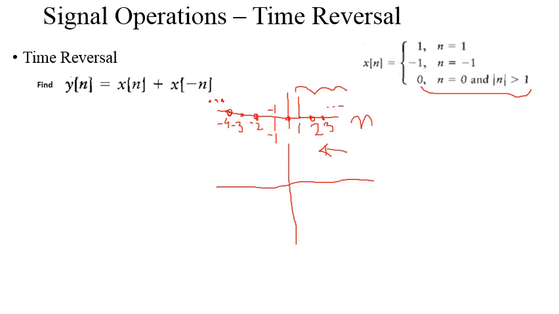So at 0 it has a value of 0. At 1, the replica will be made here, and that is the location -1. So at -1 it will have a value of 1. Again this is 2, so the replica, our image, will be formed here, so that will be 0. So that means this signal will be 0, right?